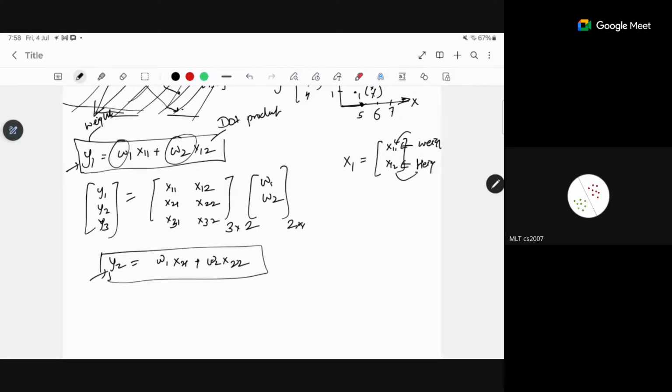But what we are saying is this w star, which is the optimal weight vector, is some linear combination of x transpose alpha star.